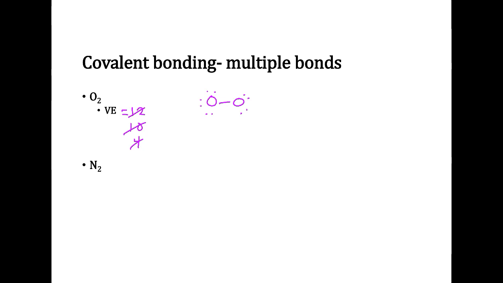So as we look at this, let's try to go through and look at the formal charge. So we know that oxygen, if we drew out the Lewis symbol for that, is supposed to have 6 valence electrons around it. So if we look at the oxygen on the left, remember that the lone pairs count as 2 electrons. The bonds count as 1 for the formal charge, so we have 2, 4, 6, 7.